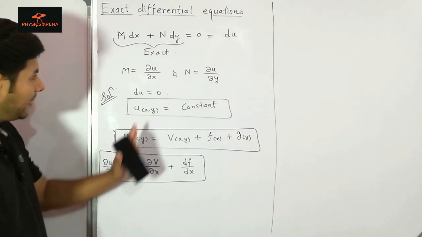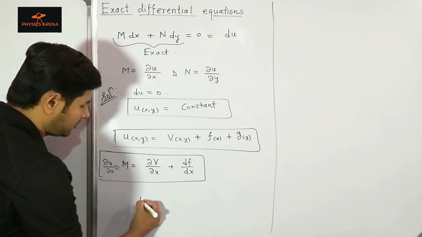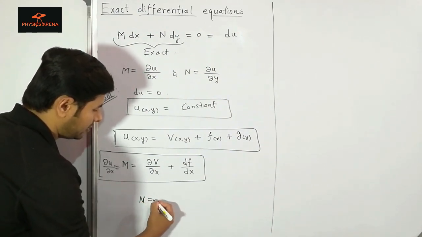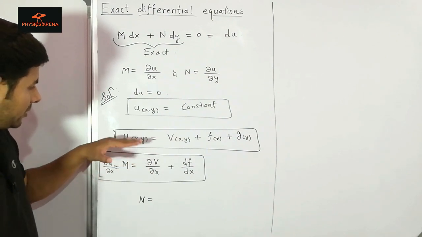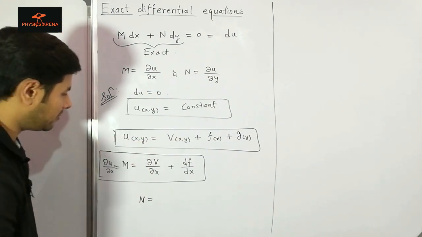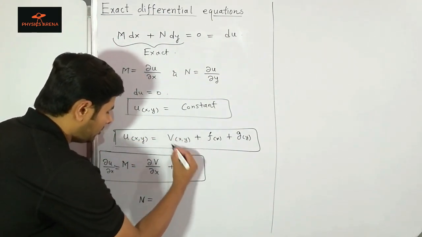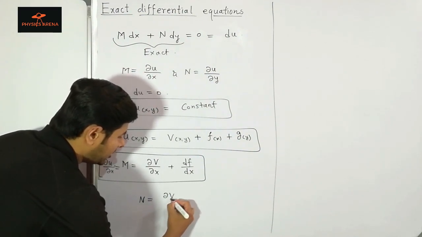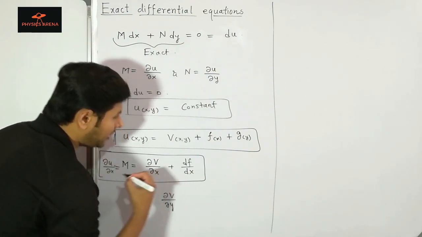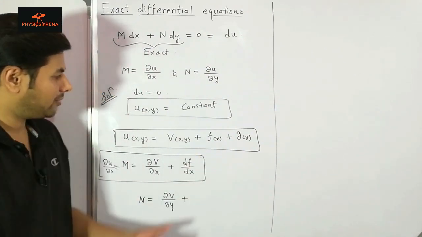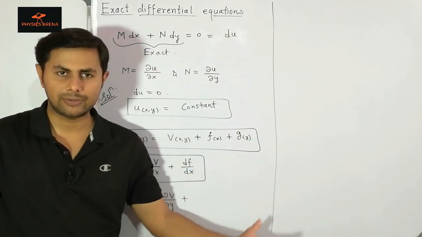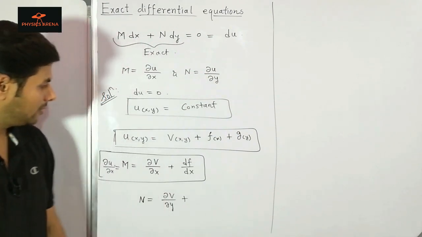Similarly, let us find n. So n is going to be the partial derivative of this u with respect to y. So on the right hand side we have the partial derivative of v with respect to y, plus, now the derivative of a function of x with respect to y would be 0.